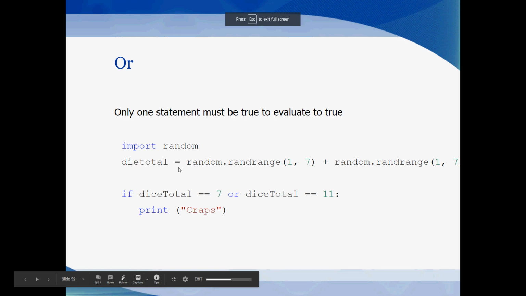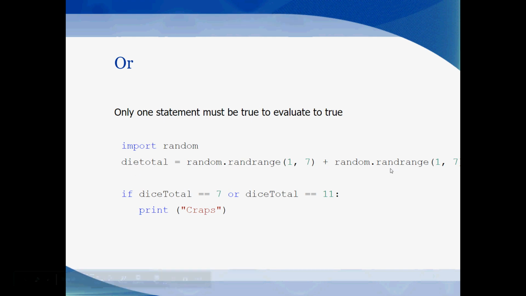So my die total is going to be one die plus another die, and that's going to equal the total number of dice put together. So if my die total is a 7, or if you roll an 11, that's craps in the game of craps, and so that's where this example is coming from. Now, if they roll a 6, it's not either one of these, so it's going to skip both of those.